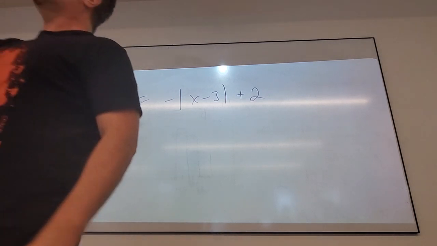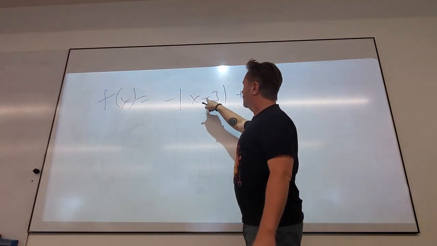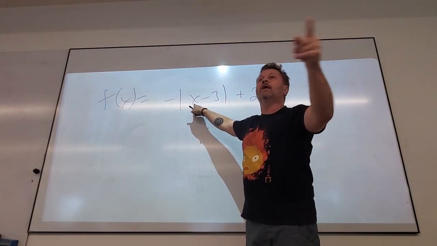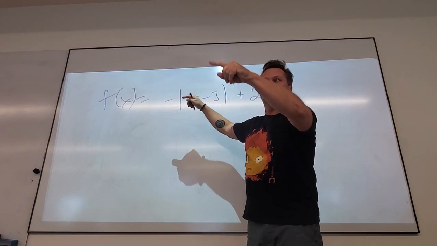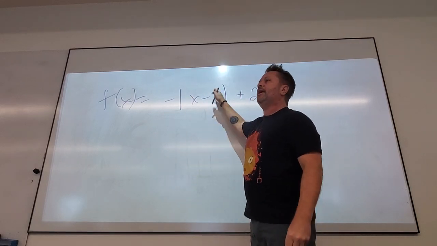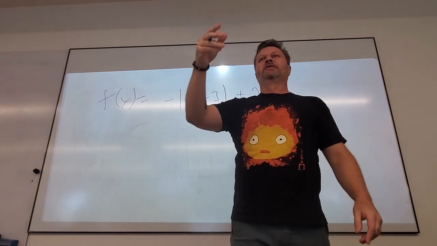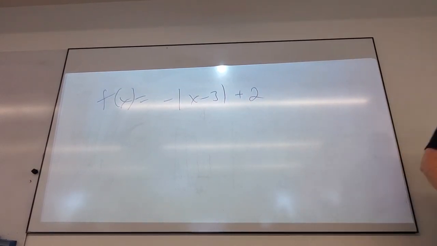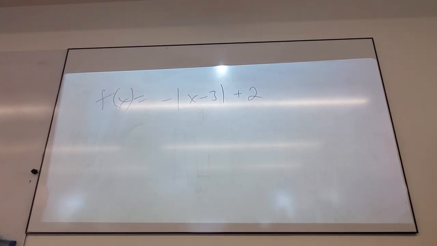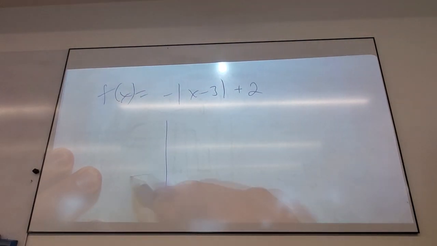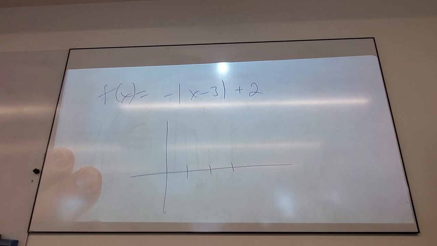So I have to overcome the fact that it's going to take 3 away from any input. All of my inputs have to be 3 bigger than they used to be. That's why if it's inside with the x, it does the opposite of what it looks like. David says there's a graphing calculator. So this shifts over 3.